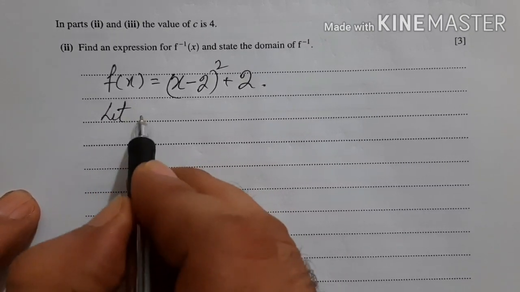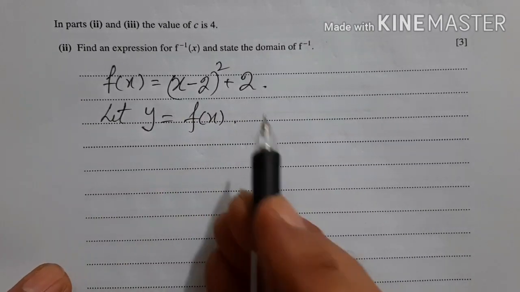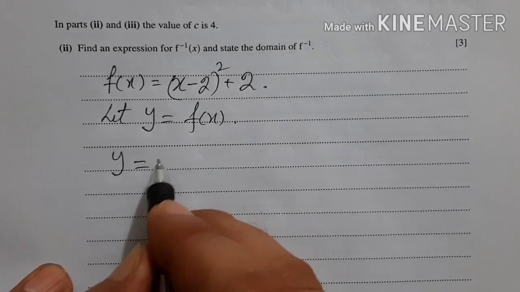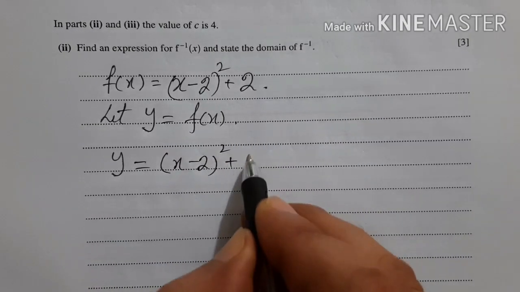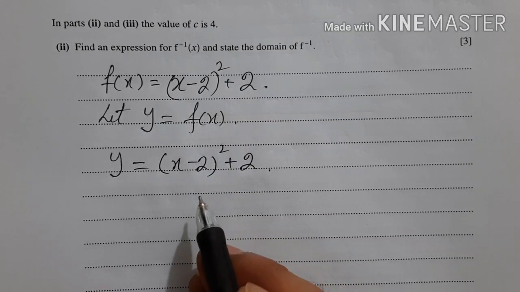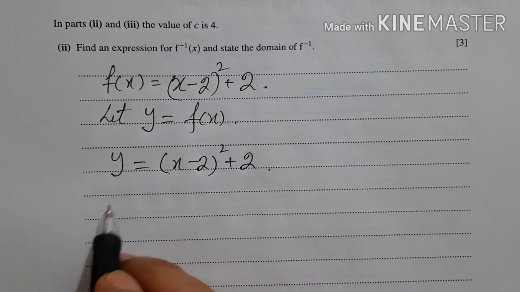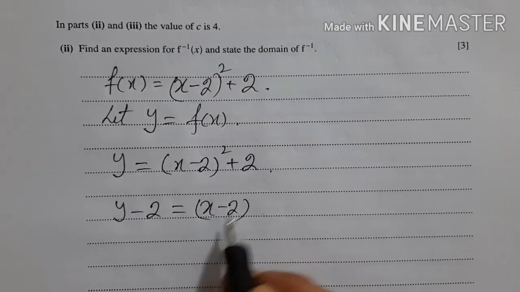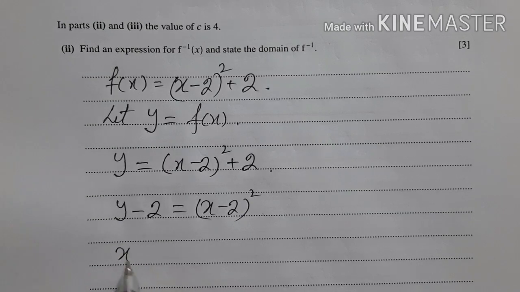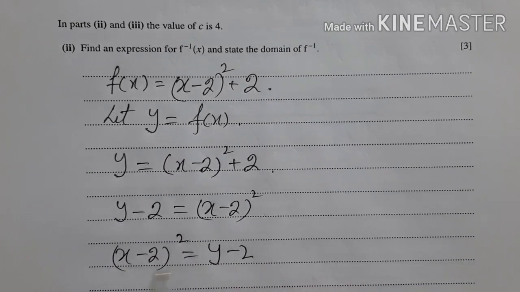Let y equal f(x). So I'll put y instead of f(x). It becomes y equals (x minus 2) whole squared plus 2. I'll try to make x the subject of this expression. Take 2 to the left, y minus 2 equals (x minus 2) whole squared, or I can write it as (x minus 2) whole squared equals y minus 2.